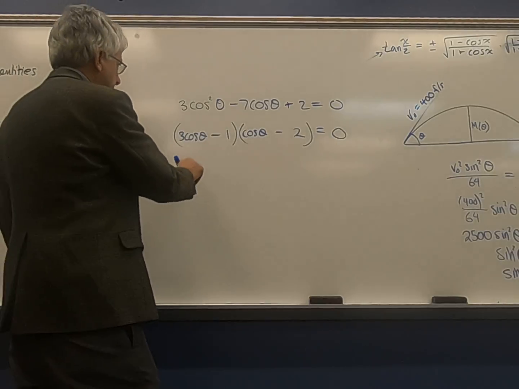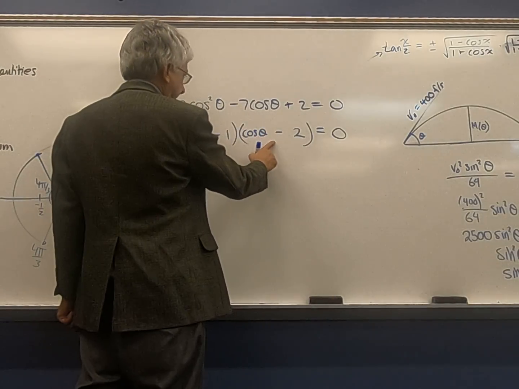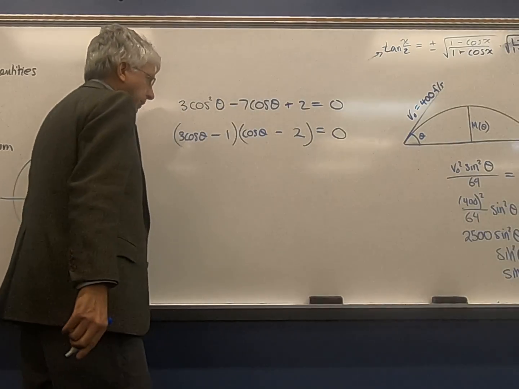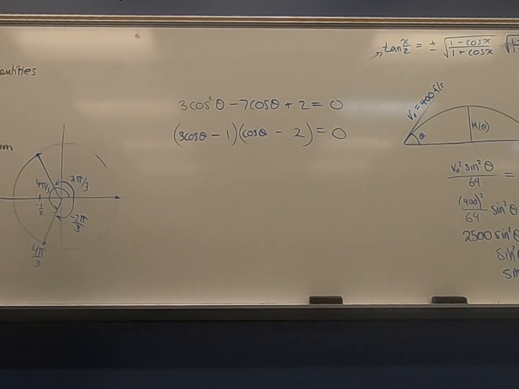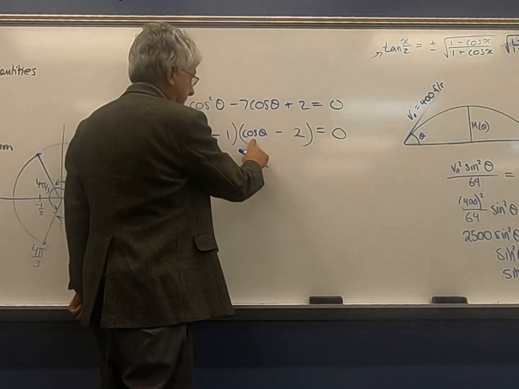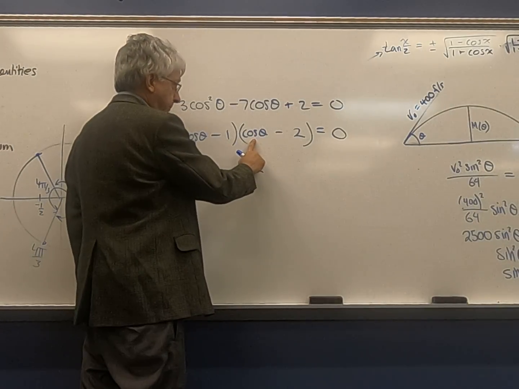So either this factor is 0 or that factor is 0. One of these factors can't be 0. Which one? The -2. Yeah, the second one, right, because cosine is at most 1, right?